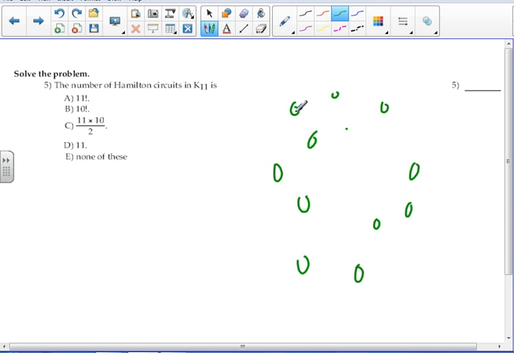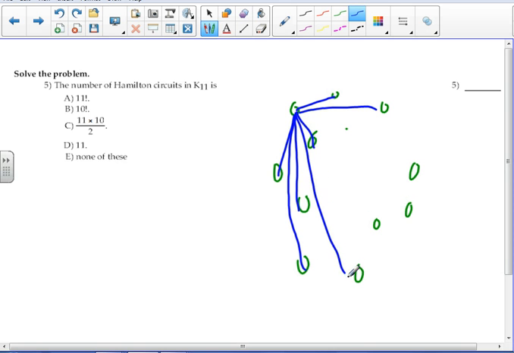So if I have 11 vertices, and from each of them I have one edge going to each other one, how many edges do I have? 1, 2, 3, 4, 5, 6, 7, 8, 9, 10. I've got 10 of them.